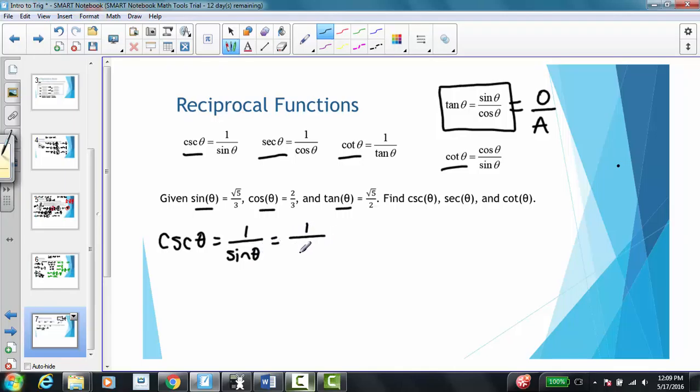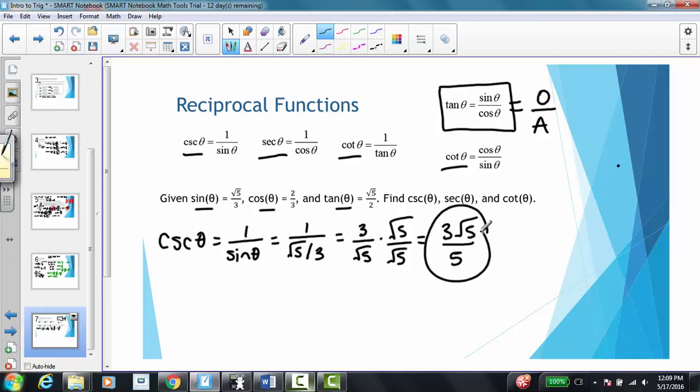They gave us what sine theta was: root 5 divided by 3. That's going to simplify to 3 over root 5. But we don't want to leave that radical in the denominator. Multiply top and bottom by root 5, and we get 3 root 5 over 5.